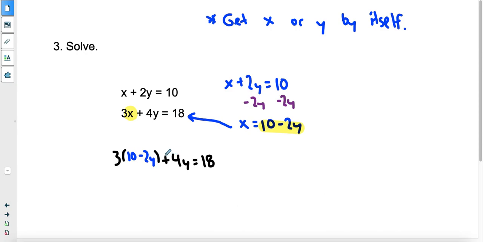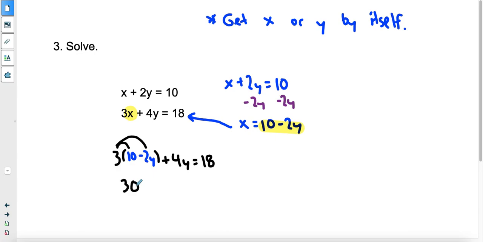To solve this, first I need to simplify the left-hand side. I'm going to have to multiply this out in order to simplify this. Let's do that. First, I need to multiply the 3 by the 10. 3 times 10 is just 30.